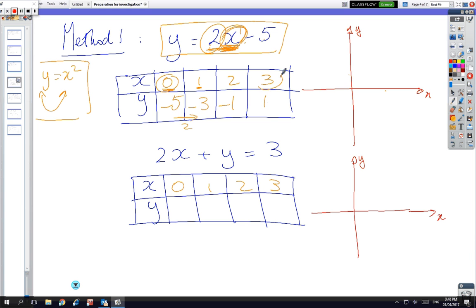Just to check, if you like, 2 times 3 is 6, 6 minus 5 is 1. So when we plot it, 0 is there, 1, 2, 3, 4 if you want to go that way. Now the numbers go down to minus 5, so 1, 2, 3, 4, 5.